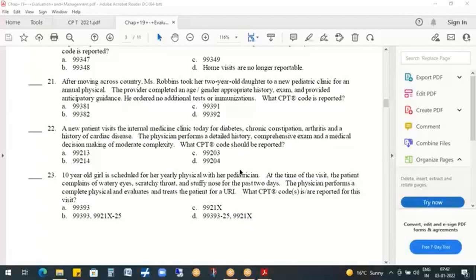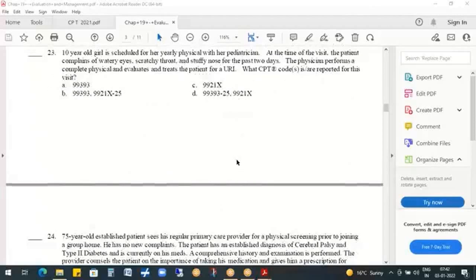Next point: if it is different, code only from the treatment ended location.